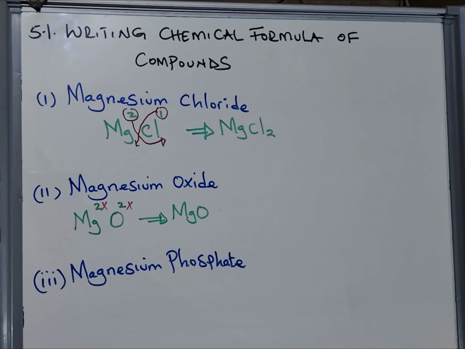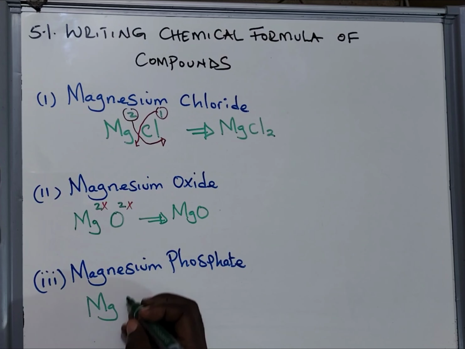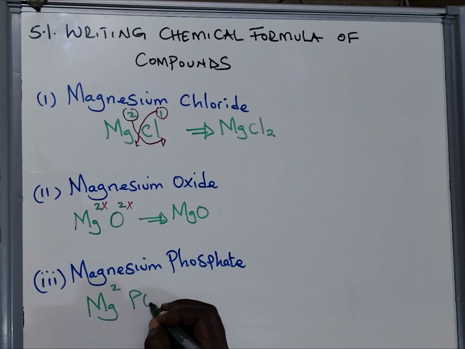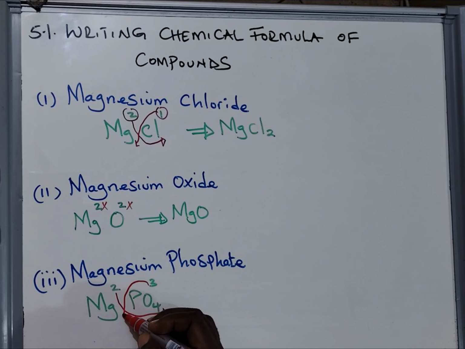Now, next is magnesium phosphate. How do you approach this? You have to know the symbol for magnesium, and this valence is 2 because it's a group 2 element. You have to know the symbol for phosphate, and this valence is 3. So what happens is that this becomes the subscript for this, and this one becomes the subscript for this.